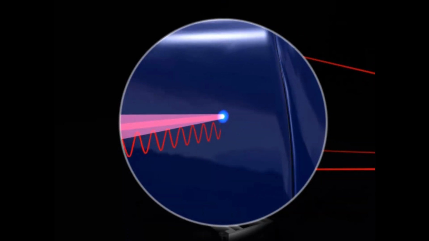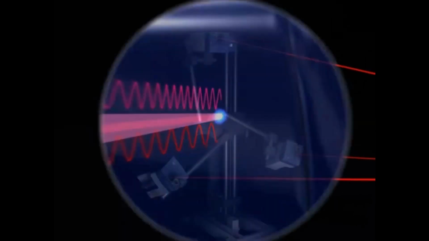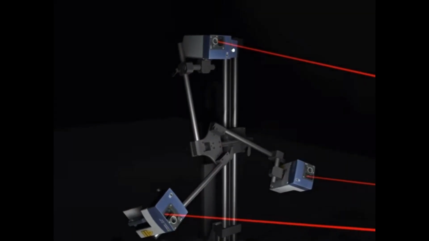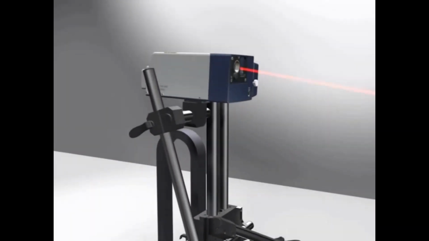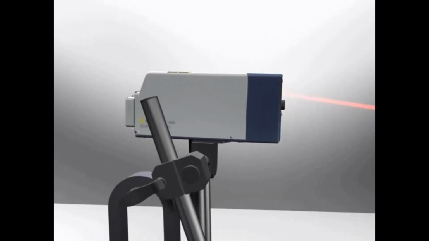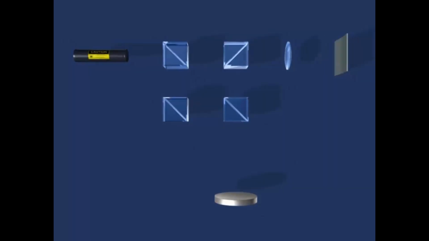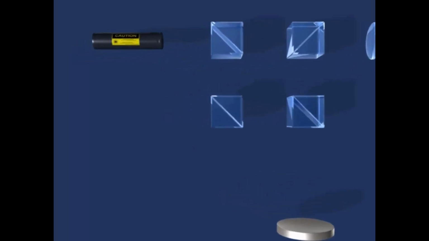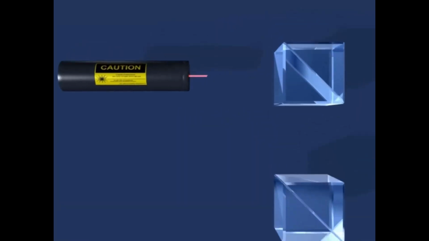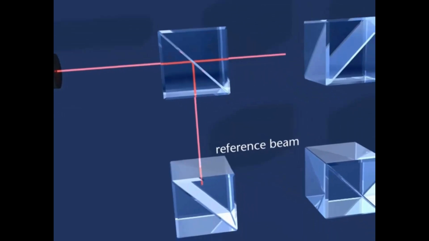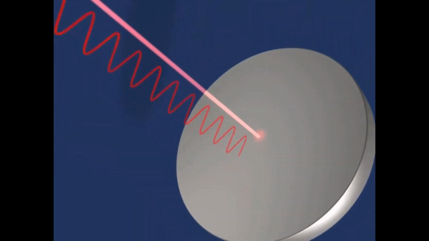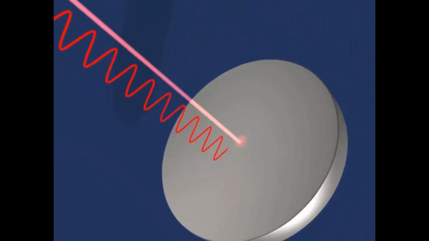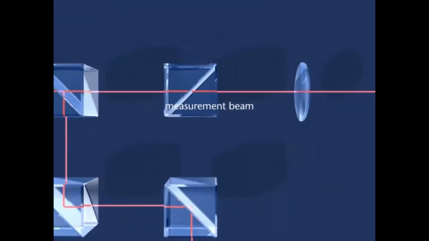The effect describes how the frequency of light is changed slightly when the light is scattered from a moving object. Within a Polytech vibrometer, a high-precision interferometer detects the minute frequency shifts of the backscattered laser light. To achieve this, the interferometer splits the light into 2 parts. The so-called reference beam propagates directly to the photodetector, while the measurement beam is incident on the test object, where the light is scattered by the moving surface.